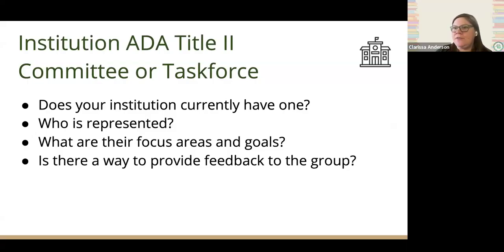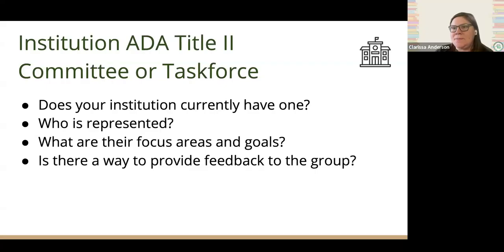Do you have individuals from across campus? If there's multiple campuses, do you have someone representing each of those campuses? And also, do you have faculty involved as well, right? And then for such a committee, what are the goals of this group? What are they trying to accomplish? Because the scale of accessibility is quite big for a whole institution.